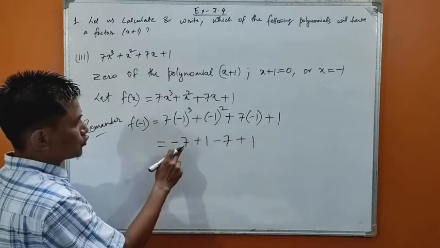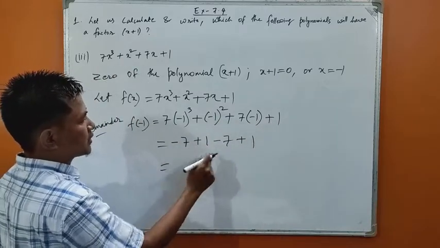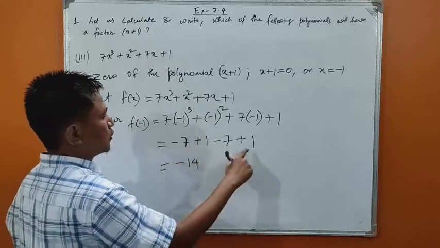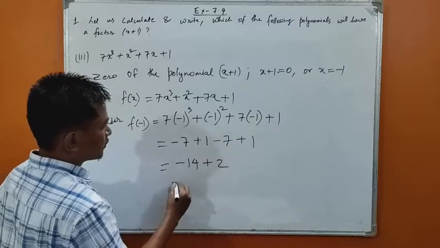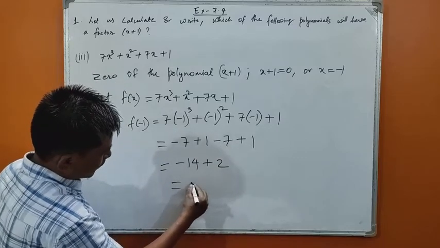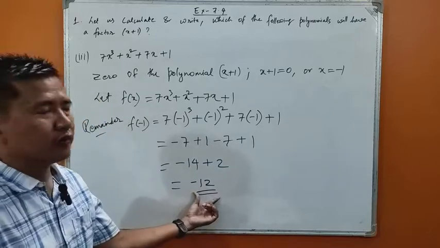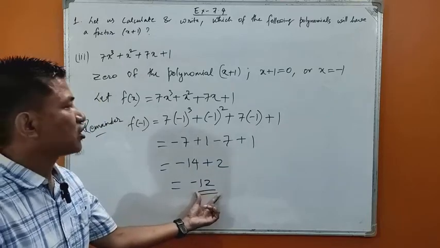So we have two negative numbers, minus 7, that is minus 14, and two positive numbers, plus 1, that is plus 2. This gives us minus 12, isn't it? So the remainder is minus 12, this is not 0.